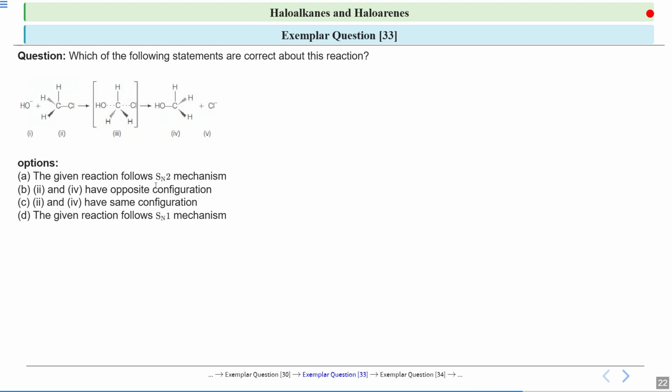From the options, you have to select the correct statement about the given reaction. Options are: the given reaction follows the SN2 mechanism; second and fourth have opposite configuration; second and fourth have the same configuration; or the given reaction follows the SN1 mechanism.